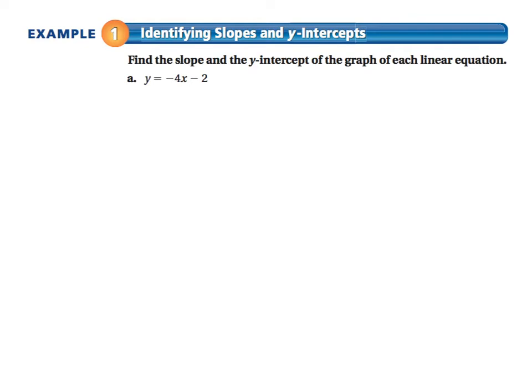And in order to find it, we have to identify slope-intercept form. So we're going to start with A. You'll notice here that in A we have the equation y equals negative 4x minus 2. We want to find the slope and the y-intercept. So y equals mx plus b is our slope-intercept form.